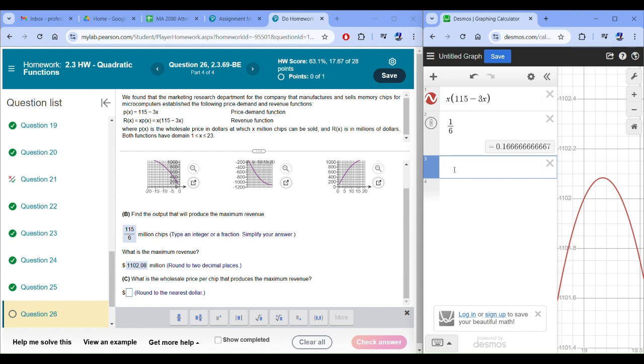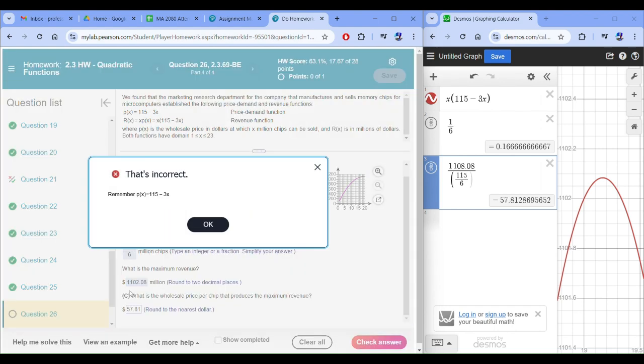I would take 1102.08 and divide that by 115 divided by 6, and that's going to tell me how much it costs. I've made that many million. It cost me $57.81 per chip.